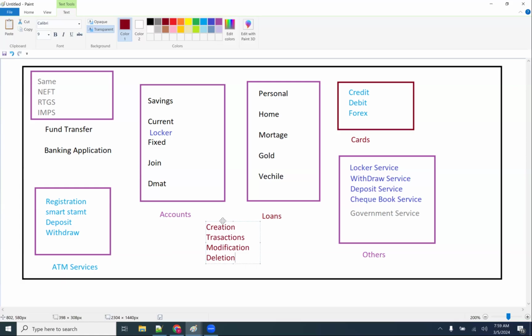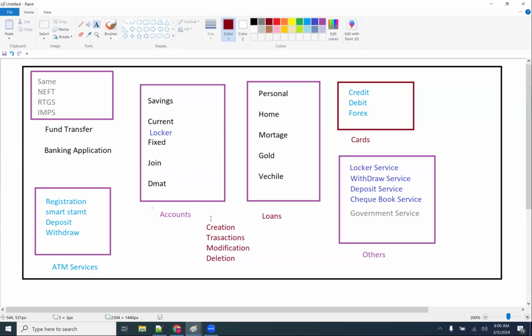First point is, can I create savings account as one microservice, current account creation as another microservice, locker creation as one more microservice? How do we come up with this? Now we are dividing by subdomain.